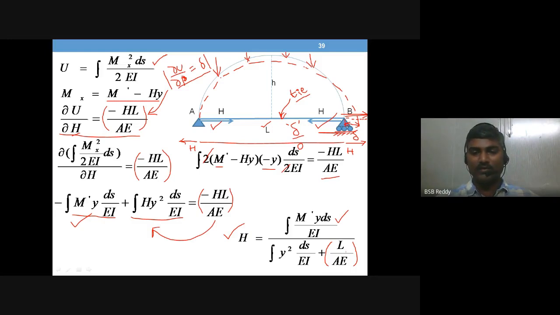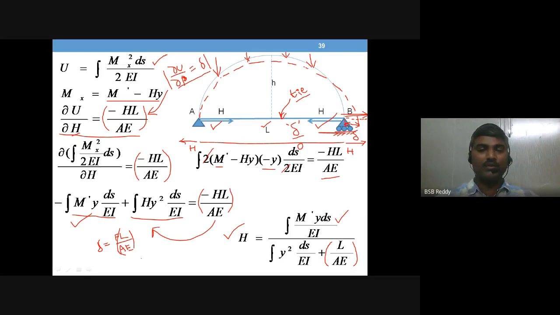What you can say about this is, in case of delta equal to F into L by AE, this L by AE multiplier is applying here.